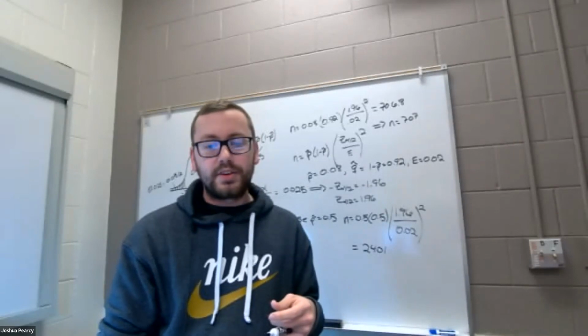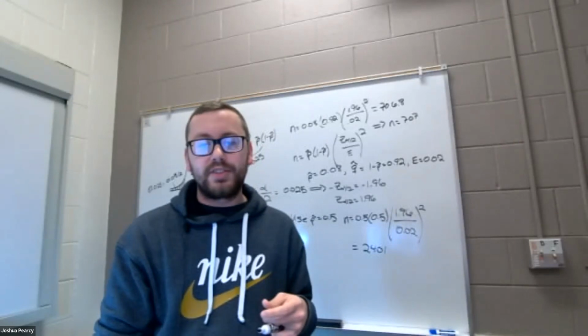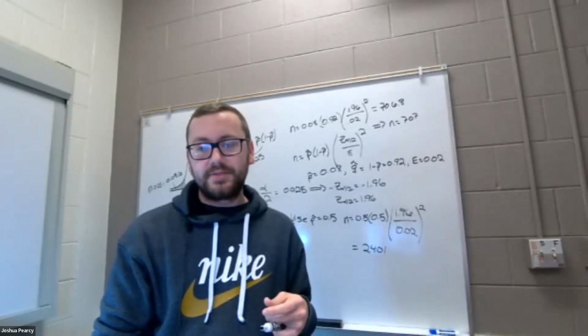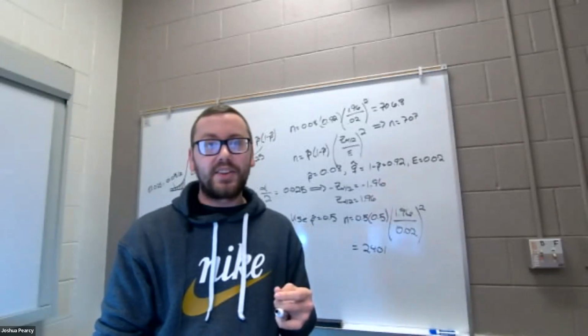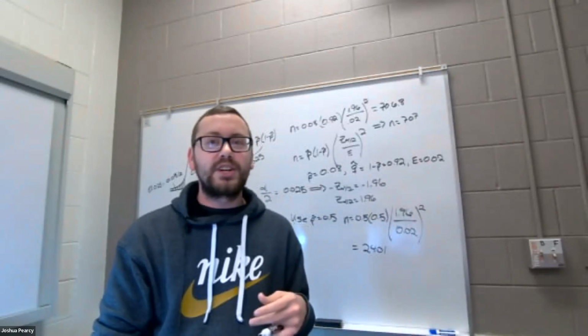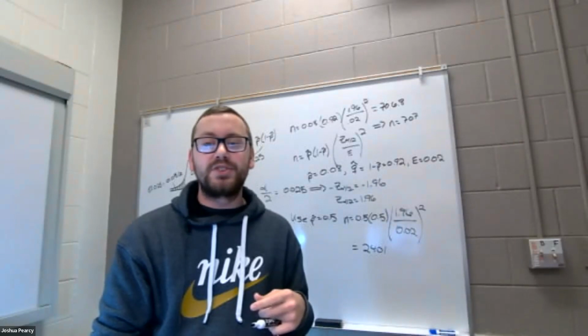Sorry, people, I haven't even been looking at the chat. Can you do it on a calculator? Are you talking about the confidence interval thing? You can actually do it on the calculator. Yes, you can. Everything we've been doing this chapter, you can do on the calculator, and in the next two chapters too.